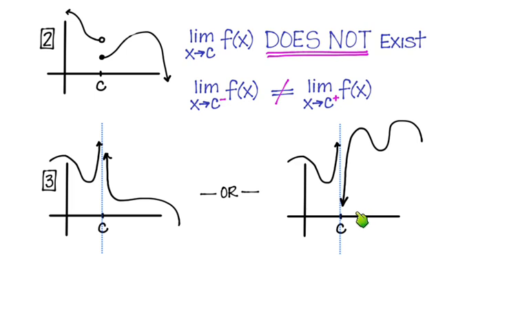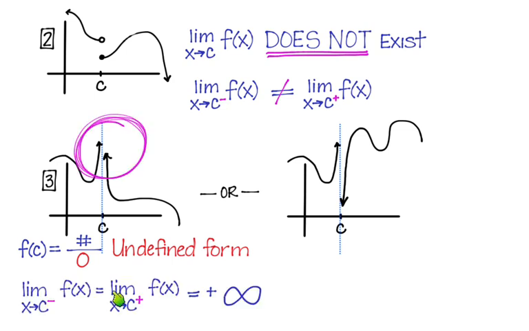Or we could have an asymptote where on the left it's going up, and on the right it's going down, or vice versa. These are different limits. When you try to plug in this value of c, you would get a number divided by 0. That's an undefined form, not indeterminate, but undefined.